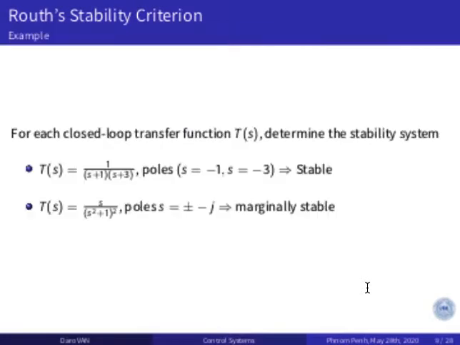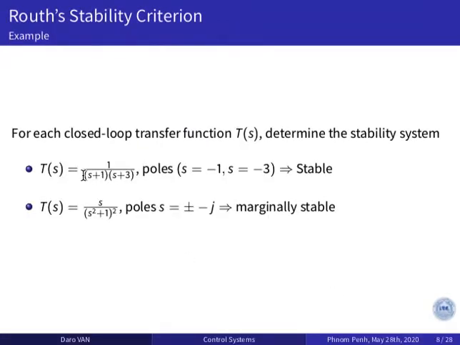For example, in this case, it is a second order system, so you can easily factorize the denominator and find the poles. But if it is a high order system, it is very difficult to factorize.